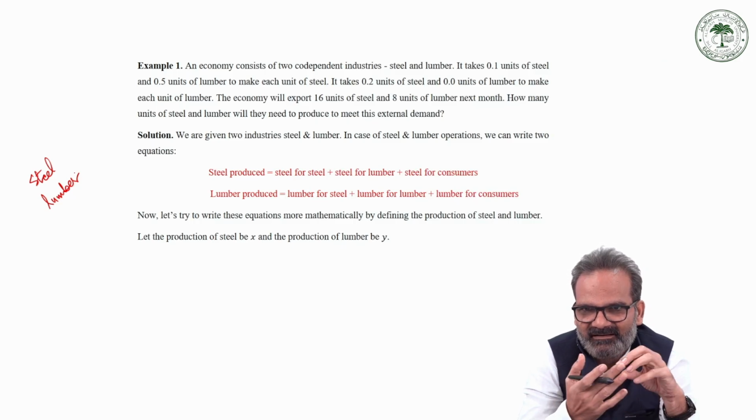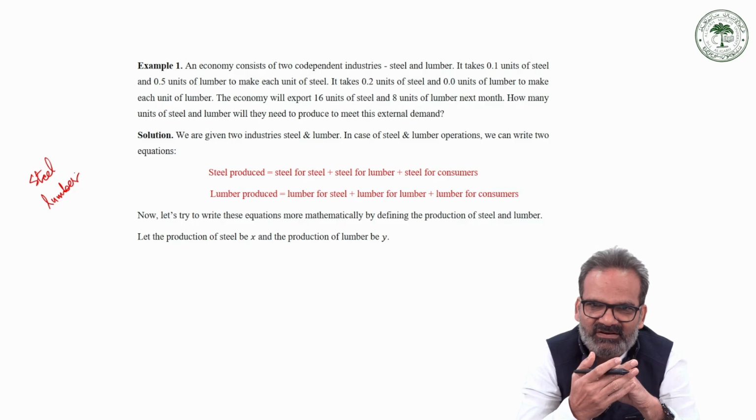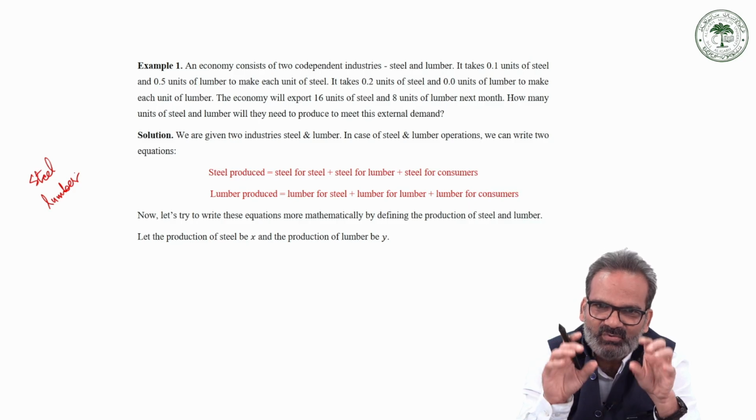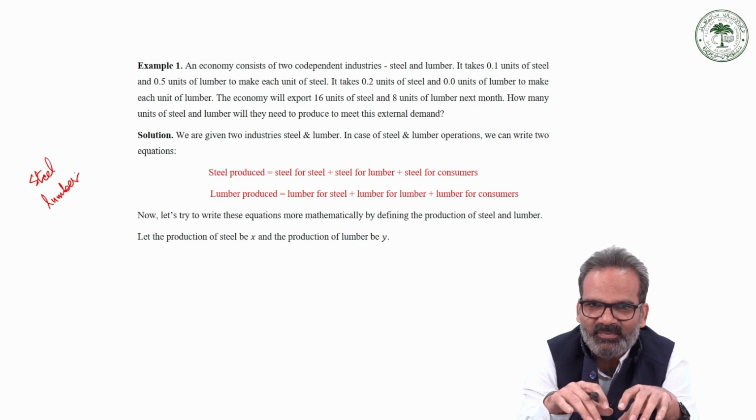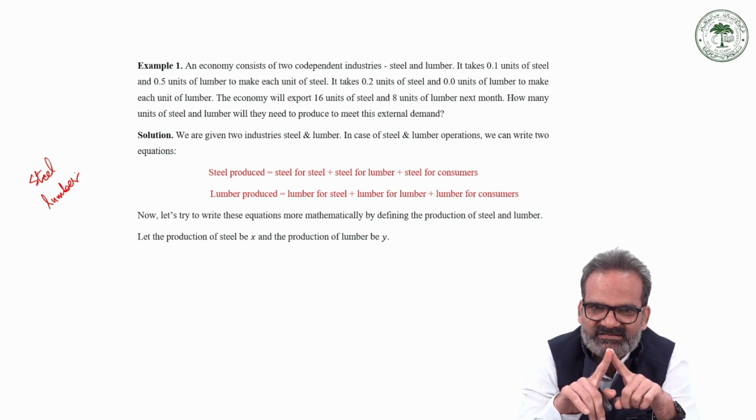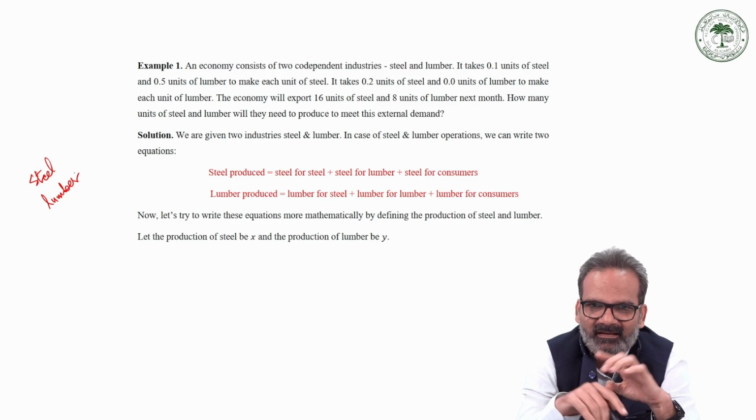Clear? It means 1 unit of steel is produced by consuming 0.1 unit of steel and 0.5 units of lumber.